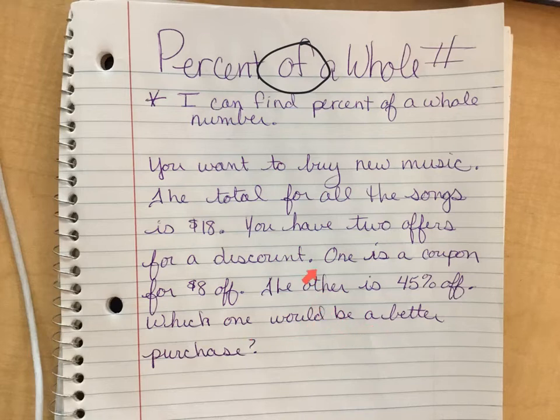So the first thing that we're going to do is go back through our problem and circle our important number words. So we have our numbers. We have it costs $18. We have that it's $8 here and 45% here.